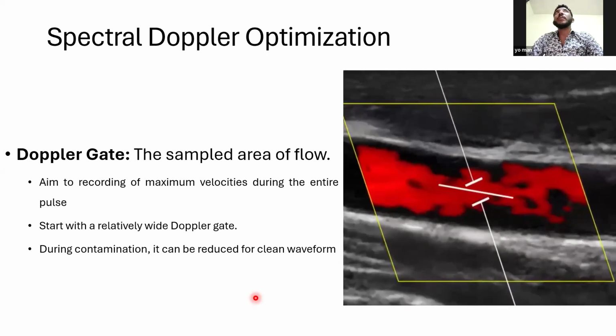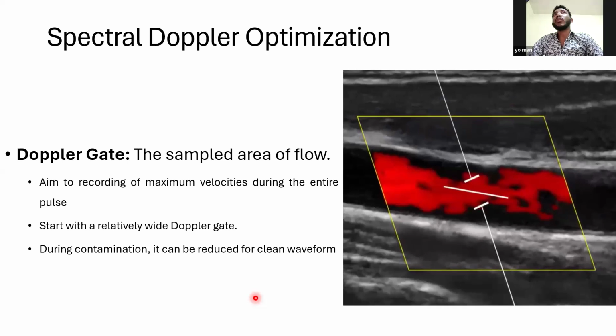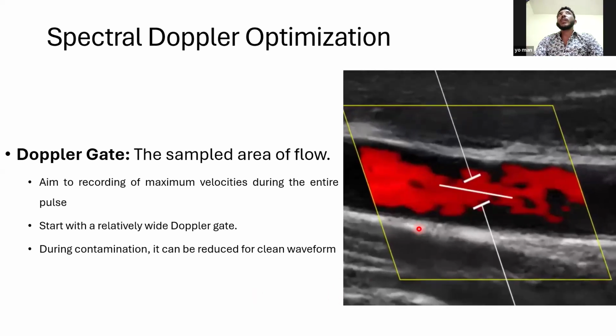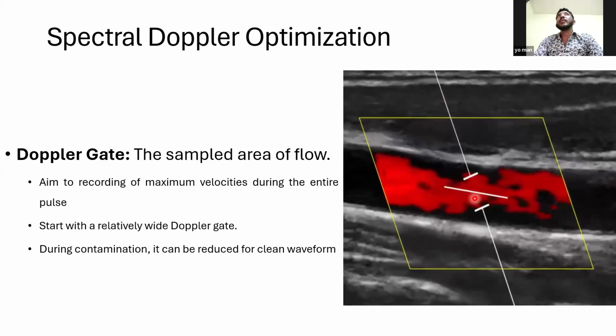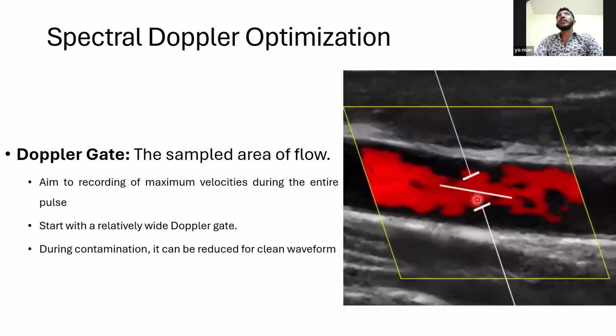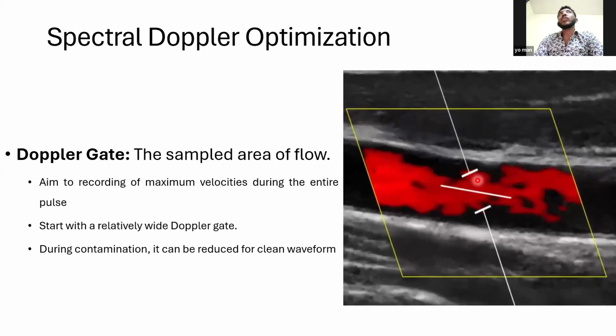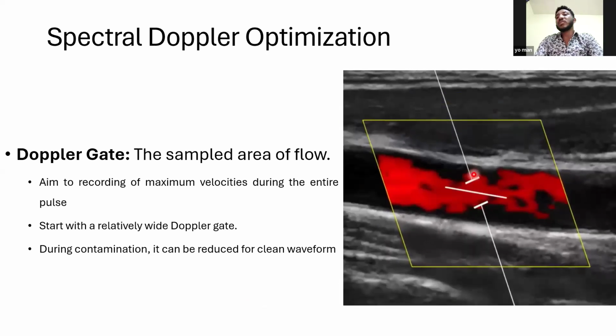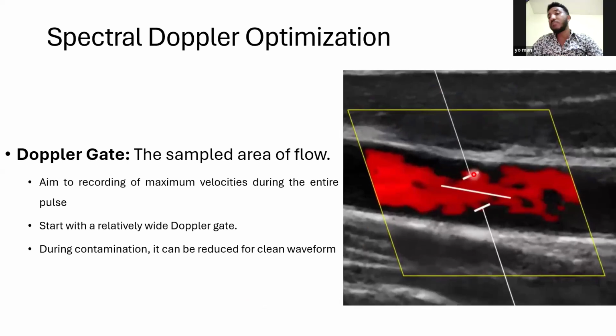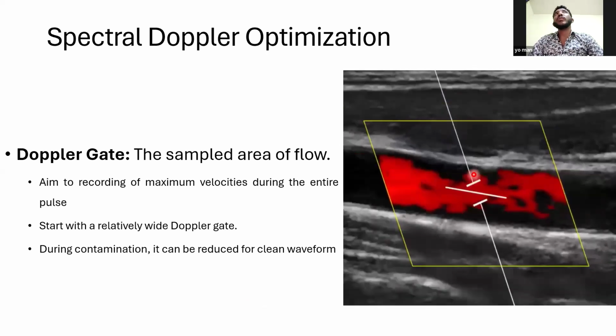As a rule of thumb, we must place the Doppler gate within the intraluminal space, the center of the lumen. If we place the gate closer to the wall, we encounter artifacts. We can't map the exact flow of the vessel.